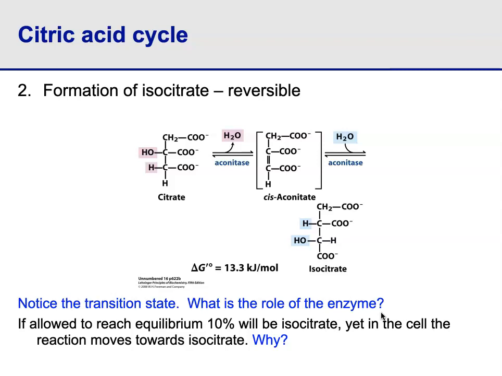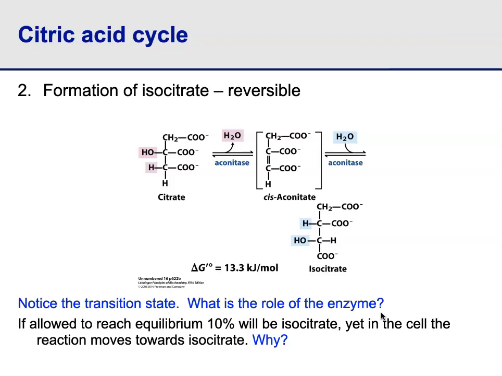Well, how is that activation energy lowered? By stabilizing the most unstable part of that reaction, the highest energy intermediate in the reaction. It stabilizes these highly unstable, high energy intermediates, and by stabilizing them, it makes it possible for the reaction to occur.